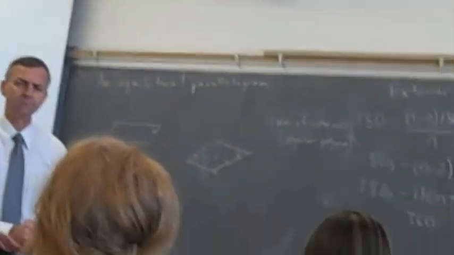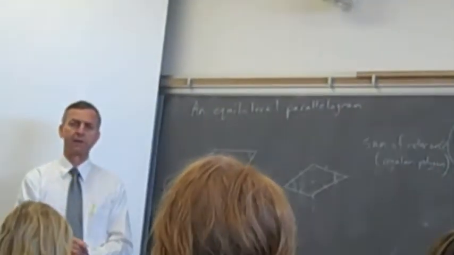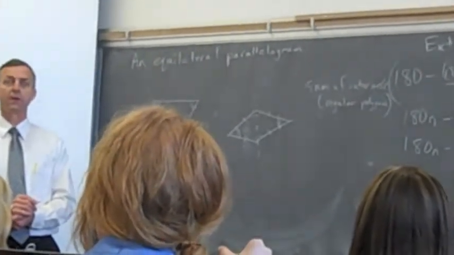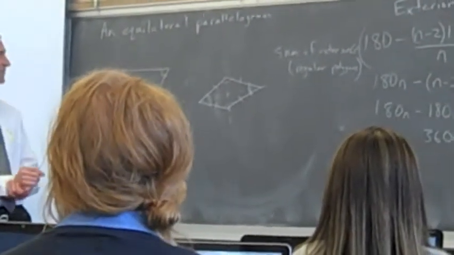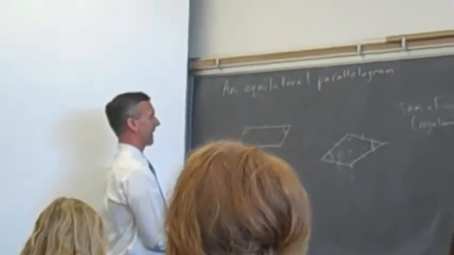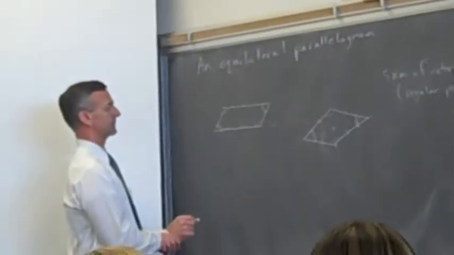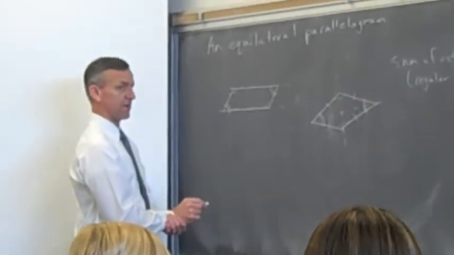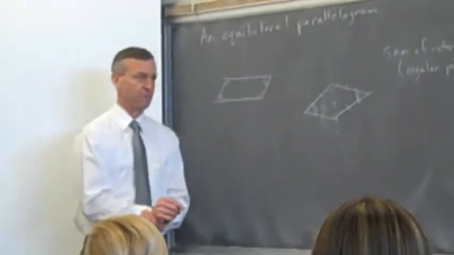Yeah, and the reason is because they're parallel. Sorry, parallel. And so when the lines are parallel, here I've got two parallel lines, right? That's because both sets are parallel. Both sets are parallel. Okay.